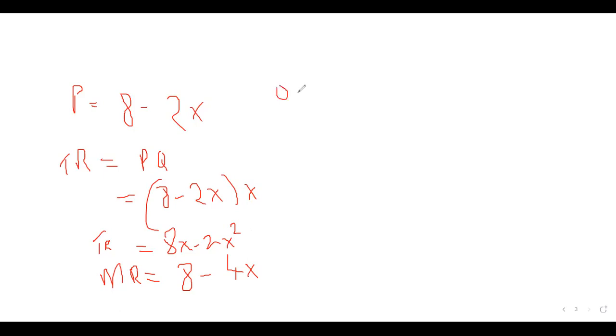So 0 is equal to 8 minus 4x. So when this goes to this side, 4x is equal to what? 8. So x is equal to what? 2. That's the quantity.